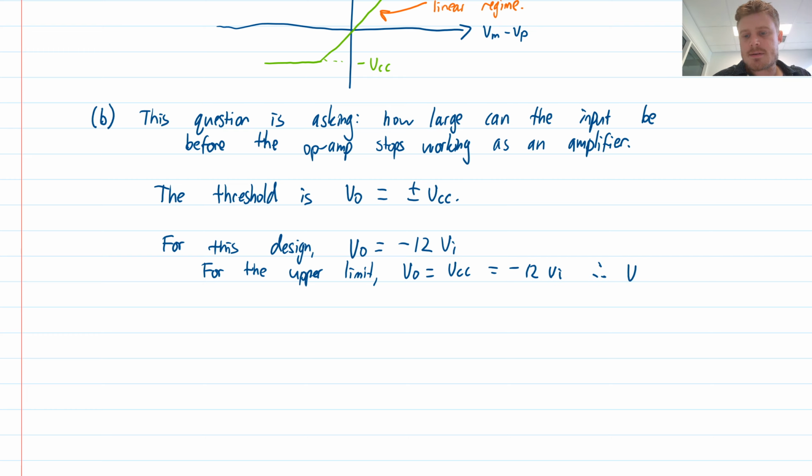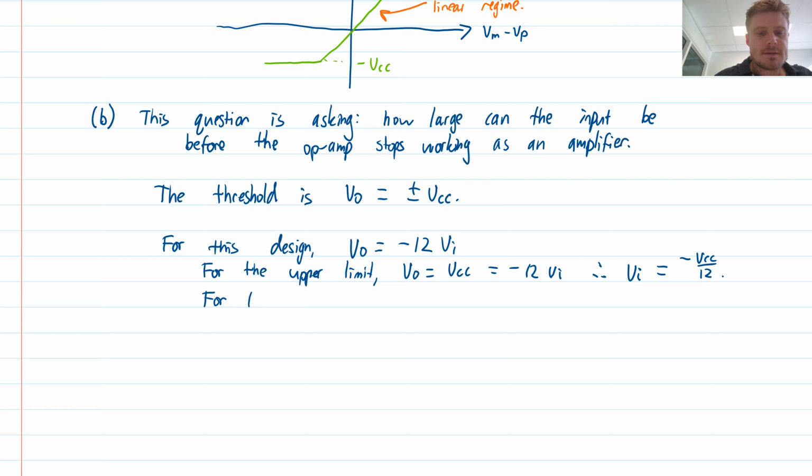So that is VI is negative VCC divided by 12. That would be the most negative input voltage at which the output just hits that critical threshold, above which it's no longer operating in its linear regime.